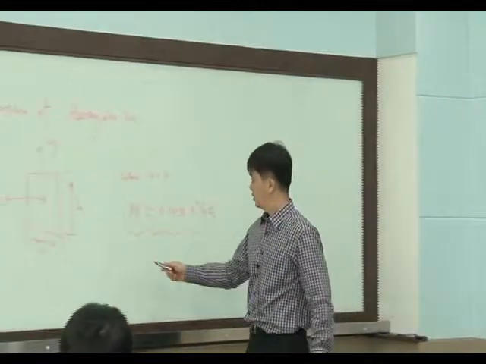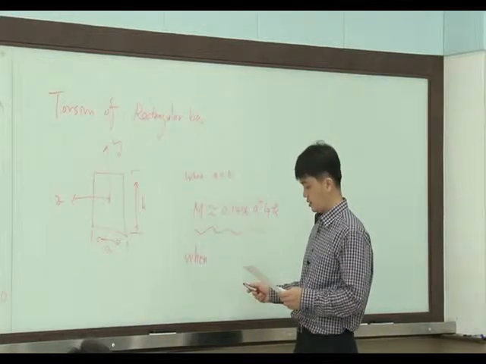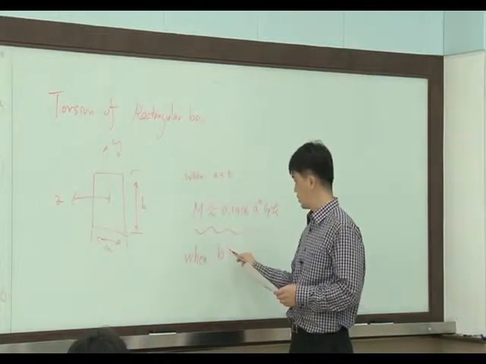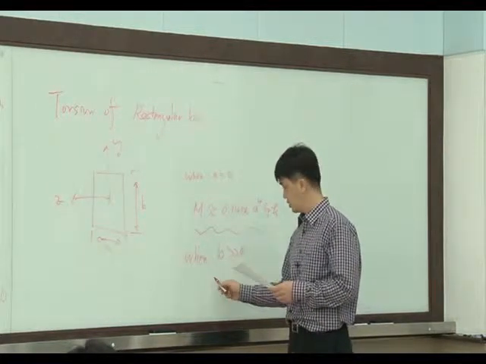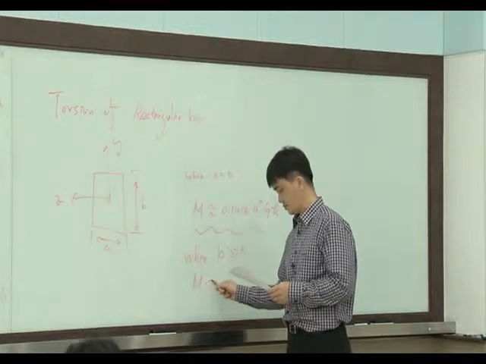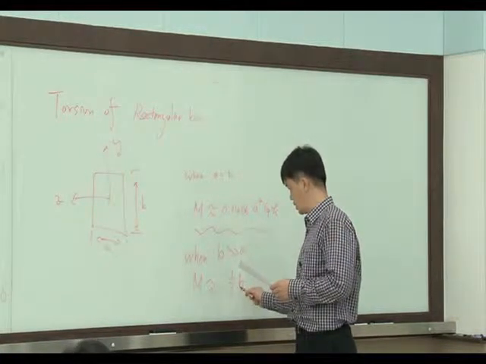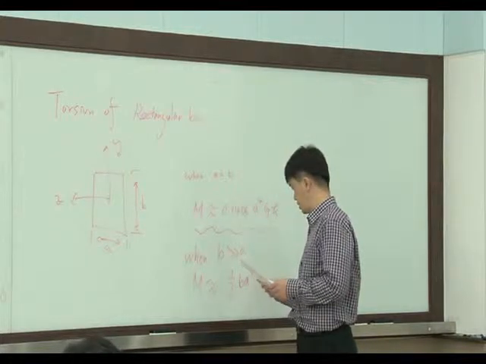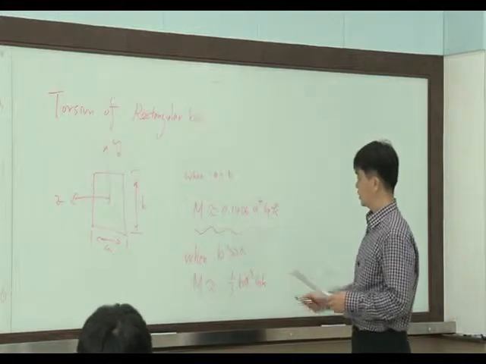And a really important special case is that B is much bigger than A. Then M equals 1/3 B A^3 GK.